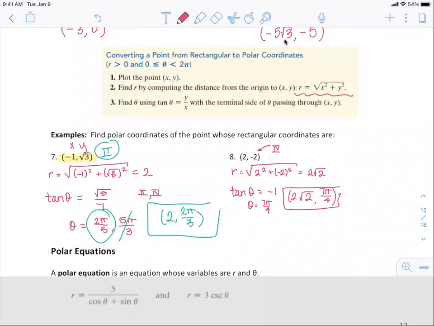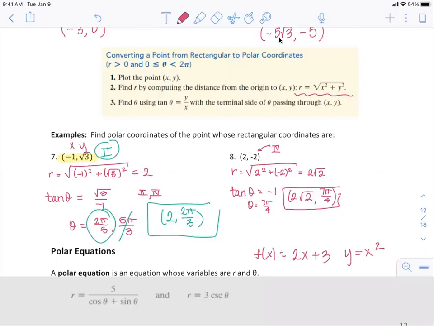All right, go ahead and check your work there. And we're going to move on then to polar equations. We're real used to working with rectangular functions. That would be something of the form f of x equals 2x plus 3, or y equals x squared.